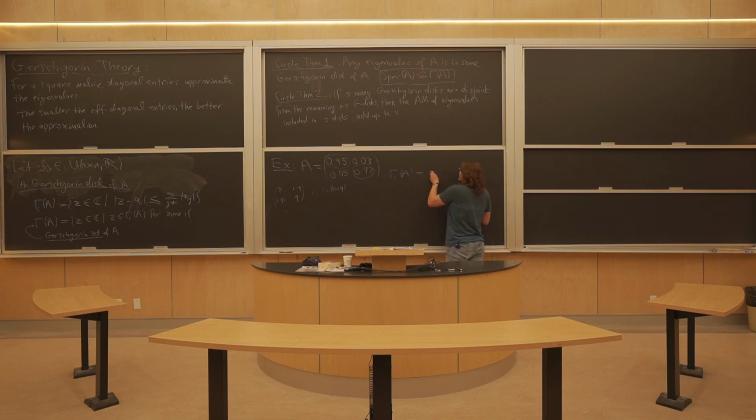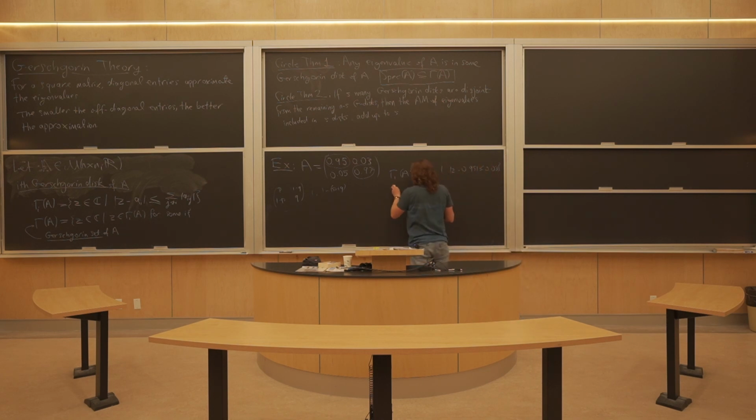It's pretty nice. So all those complex numbers such that the distance between this complex number and this number cannot be more than this number. So z minus 0.95 in modulus is not more than 0.03.